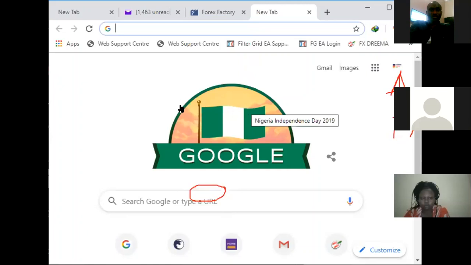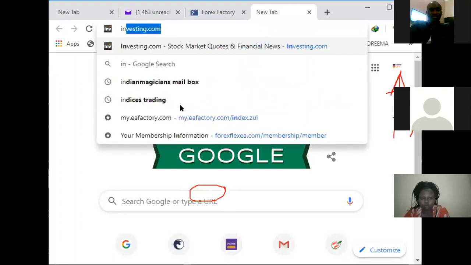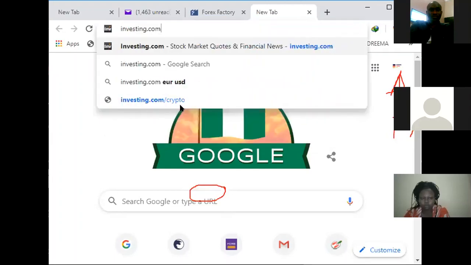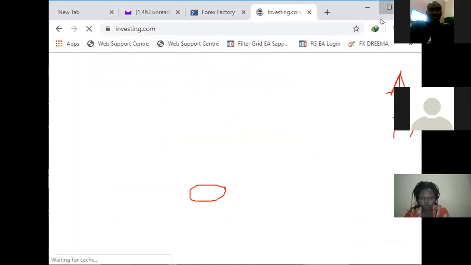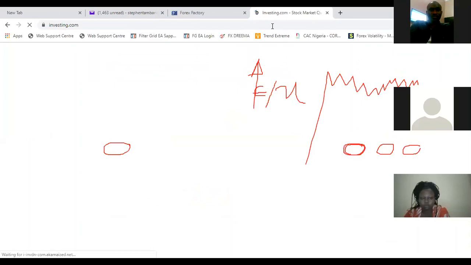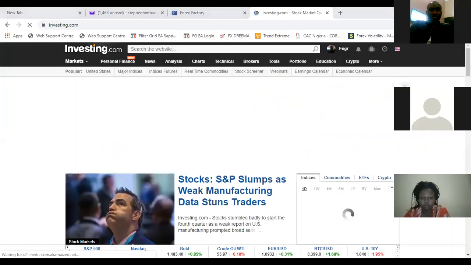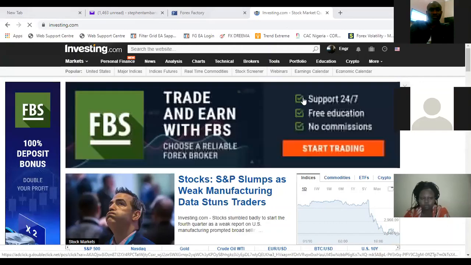Okay, so now the second website is called investing.com. What I normally use investing.com for is, if I've done analysis, I want to go and check what people have analyzed.